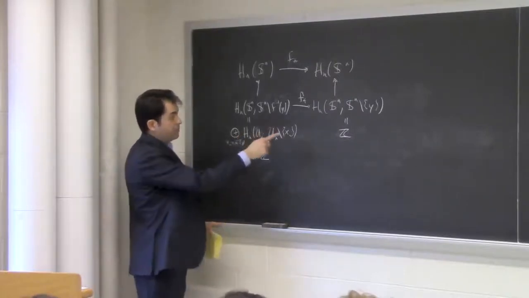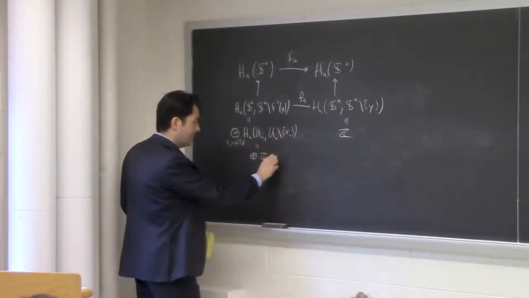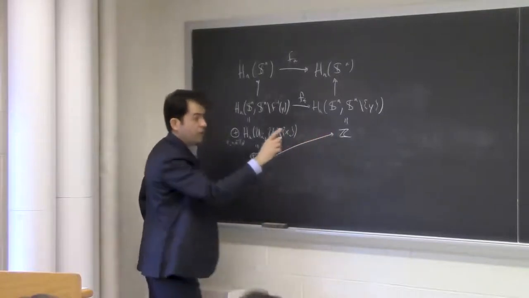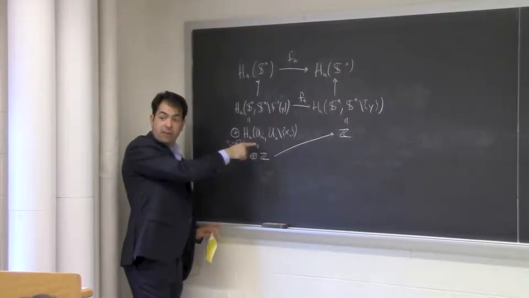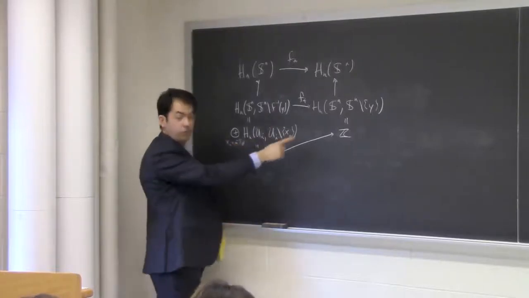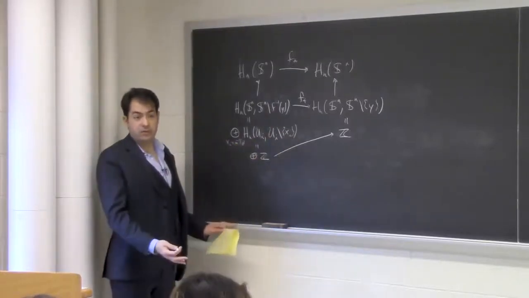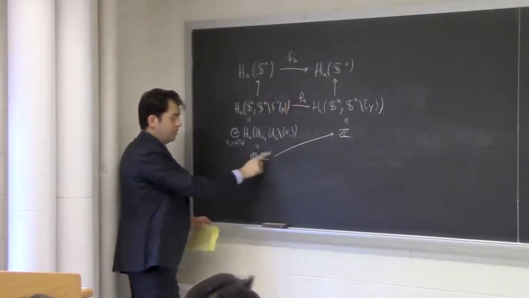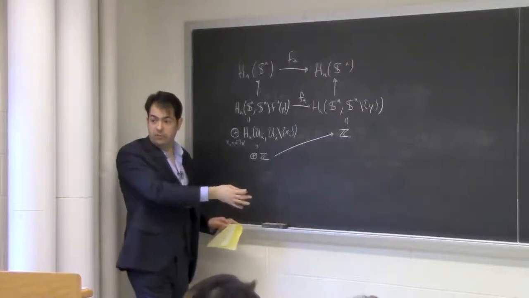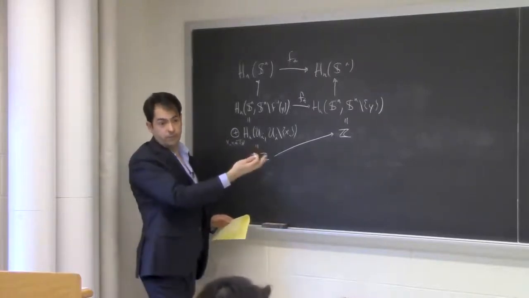Okay, so we have this relative. And so the local degree is just the map that you get induced in each of these factors, right? So the only thing we have to justify is that the induced map on the direct sum is just the sum of the induced maps, okay?